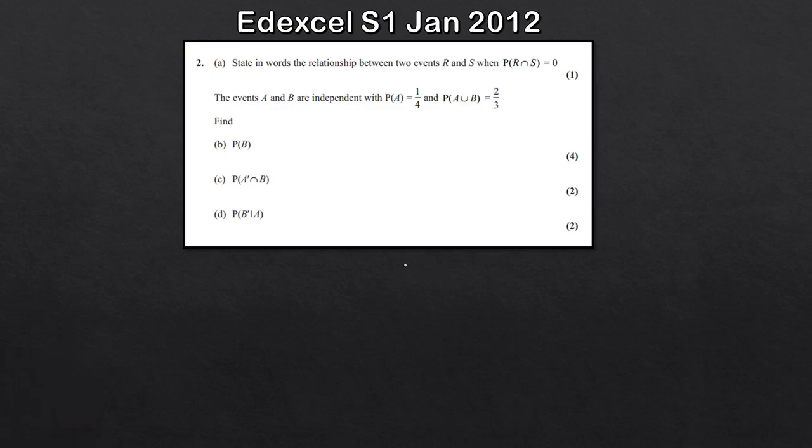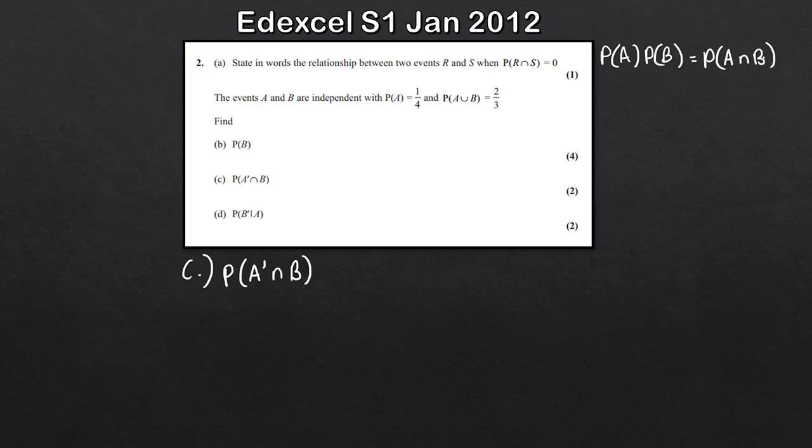So for part C here, we have to find the probability of A complement intersection B. So this comes down to the fact now that we know A and B are independent. Remember, if A and B are independent, then the probability of A times the probability of B is equal to the probability of A intersection B. And this is true with the complement involved here, like this.